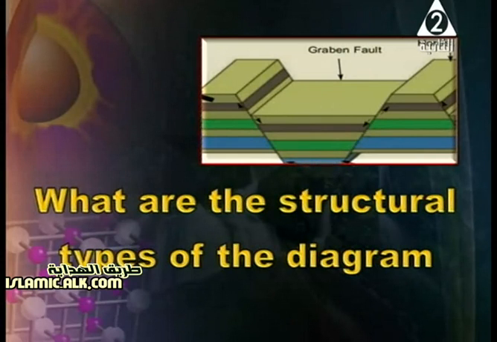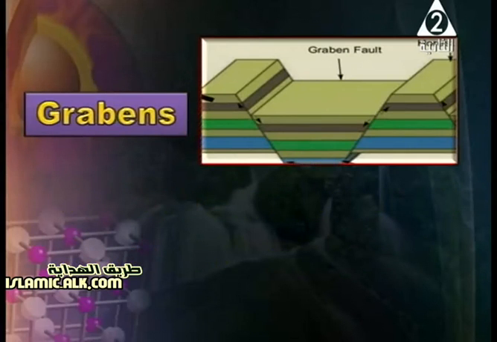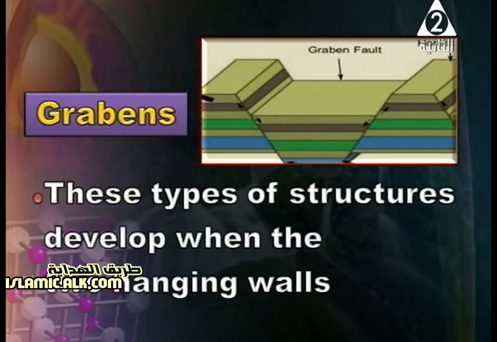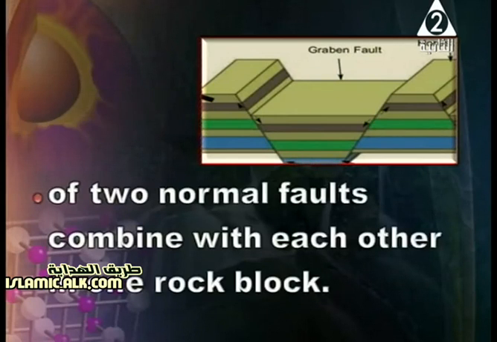What are the structural types of the diagram? As you see my dear students, we can see grabens. These types of structures develop when the two hanging walls of two normal faults combine with each other in one rock block.